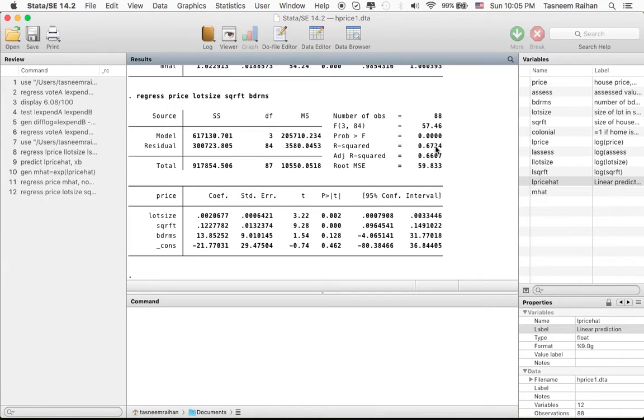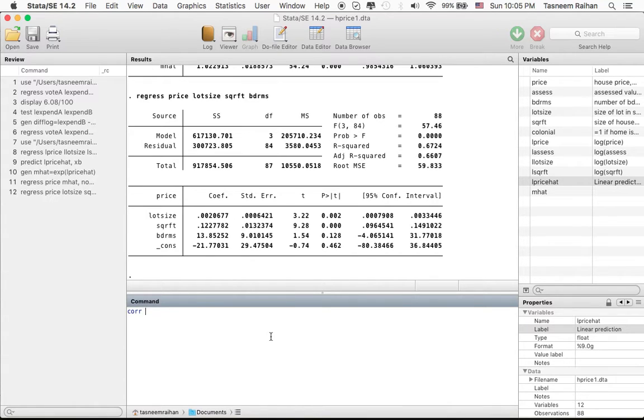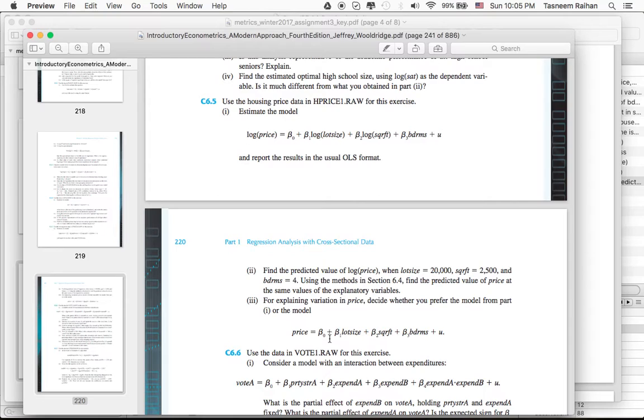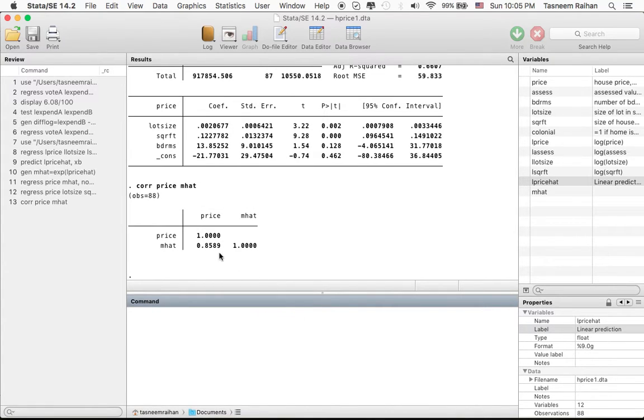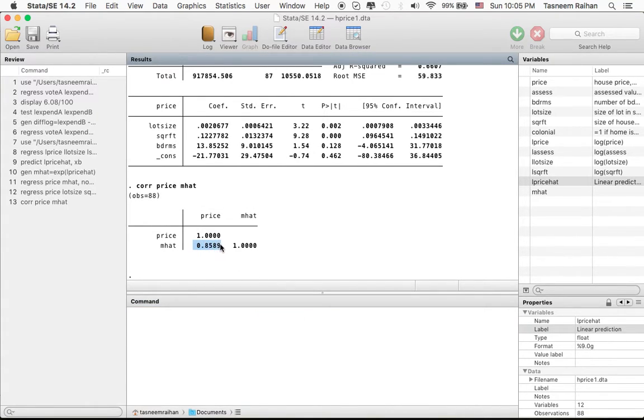So this result is going to be useful. This is 0.6724, so the r squared is 67.24%. But if you run the code for the correlation between price and m hat, you'd see that the correlation is equal to 0.8589.